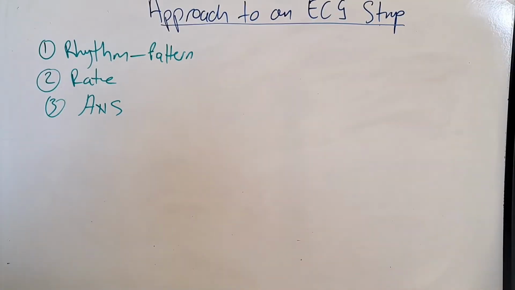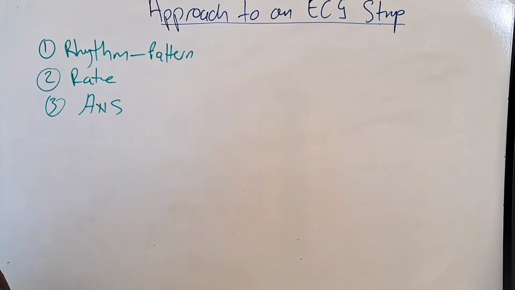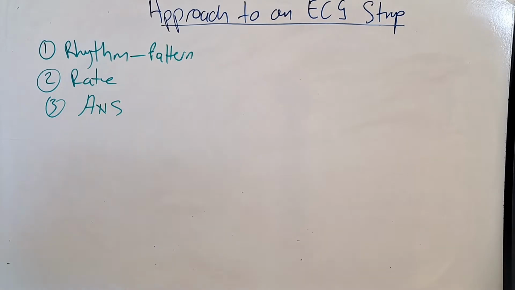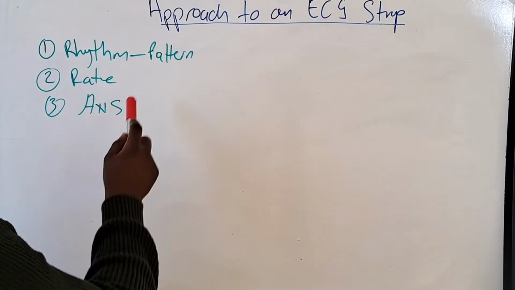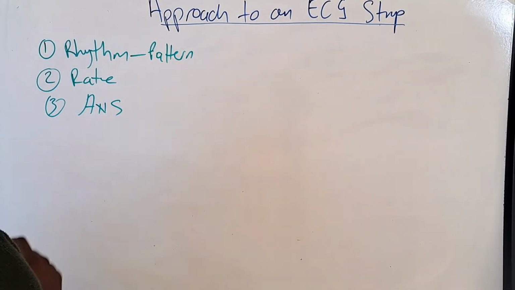I said yesterday that many people, when they get a strip, always want to figure out the rate first. The method you're going to use to calculate the heart rate depends on the pattern of the rhythm.